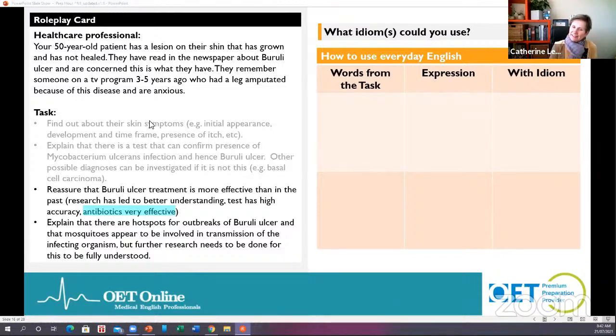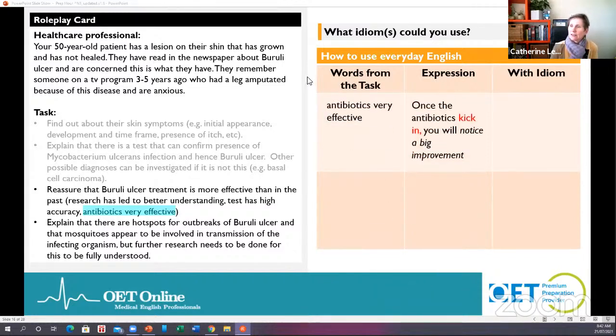Okay, so antibiotics, very effective. We talked about when the antibiotics kick in, you'll be okay. So that's the phrasal verb. But what about with an idiom? Once the antibiotics kick in, you will be on the mend in no time.